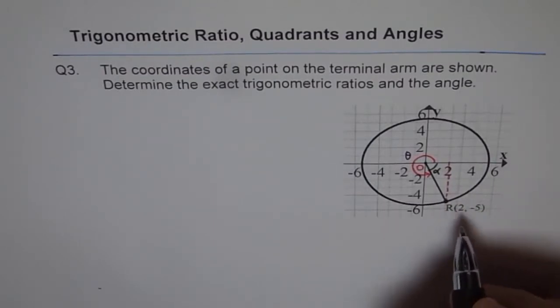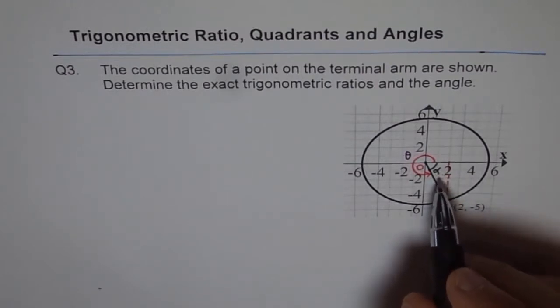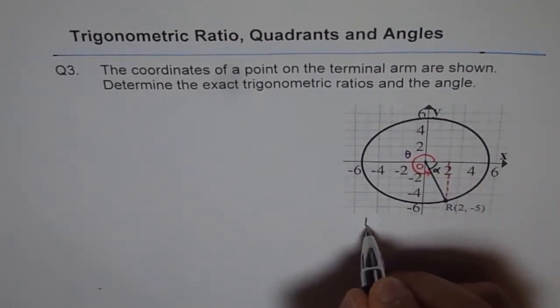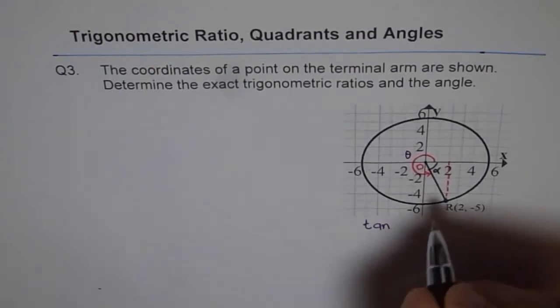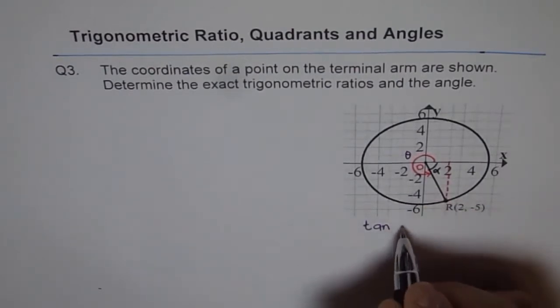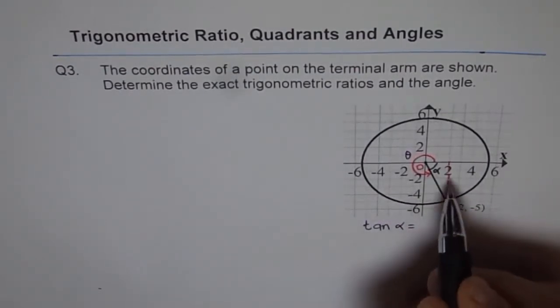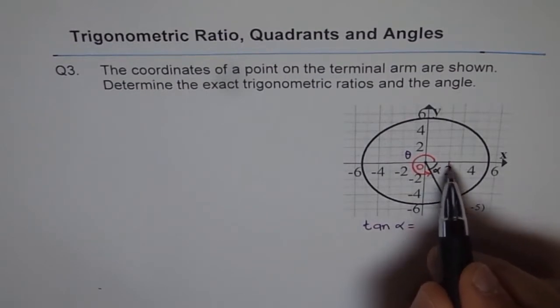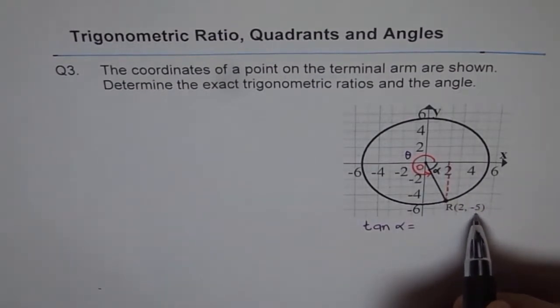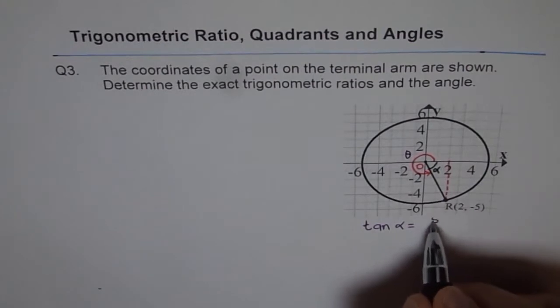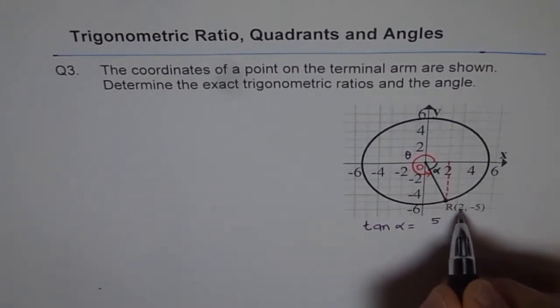Now, forget about the sign for the time being and think about angle alpha, right? Now, what is tan of alpha? Tan of alpha for us will be opposite over adjacent. Opposite side is always the y value, which we'll take as positive 5, and the x value 2.